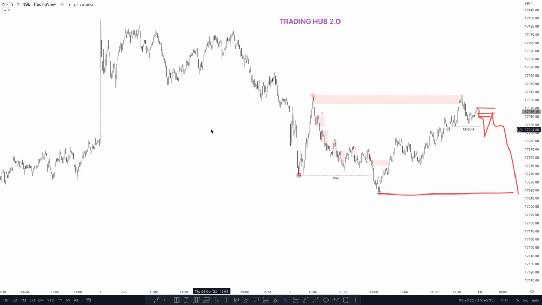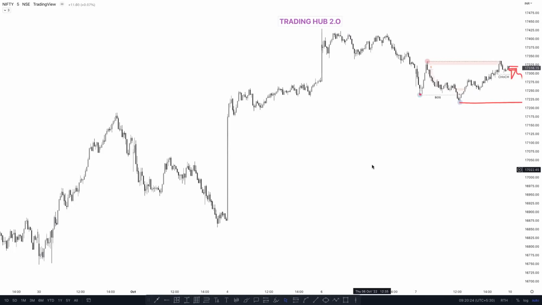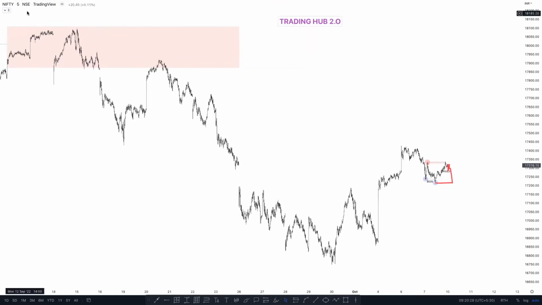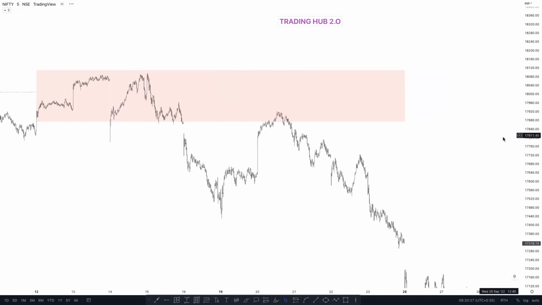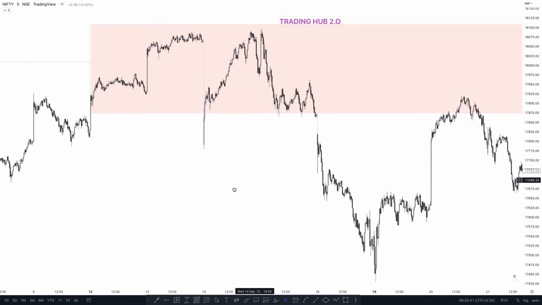So let me explain here with a 5-minute structure. We can see the market pushed down from top to bottom and is rising from bottom to top here. If I mark the structure first, then we can understand it better and more clearly.